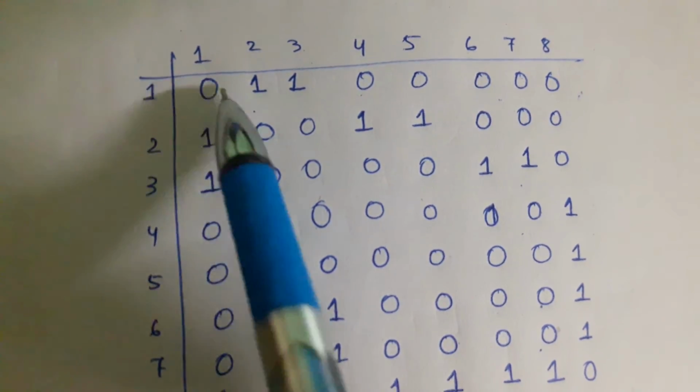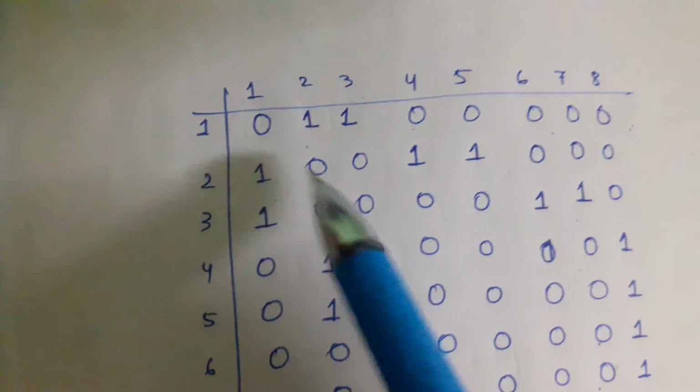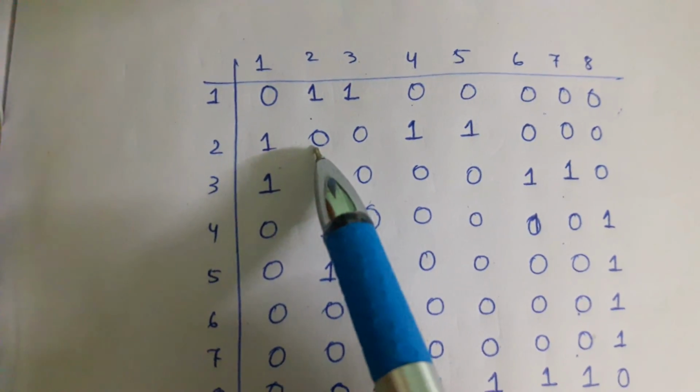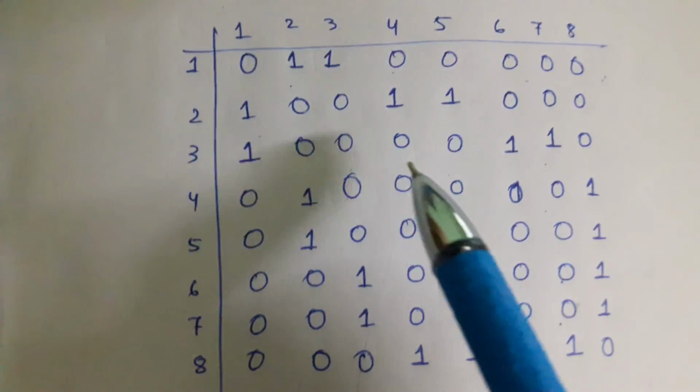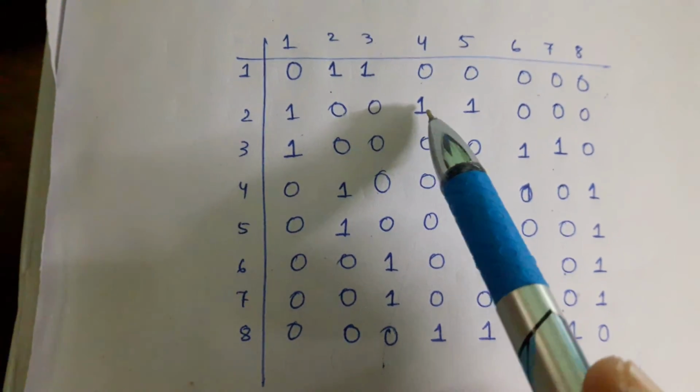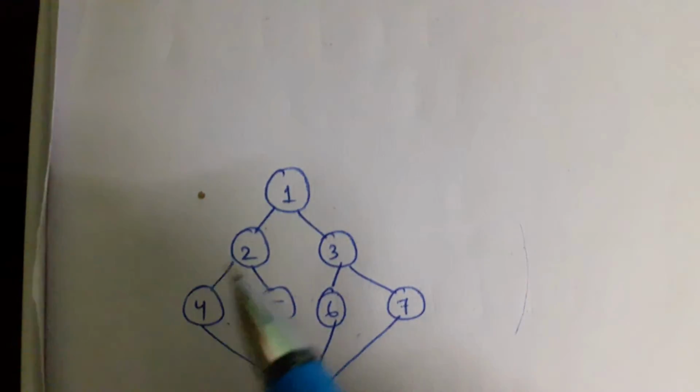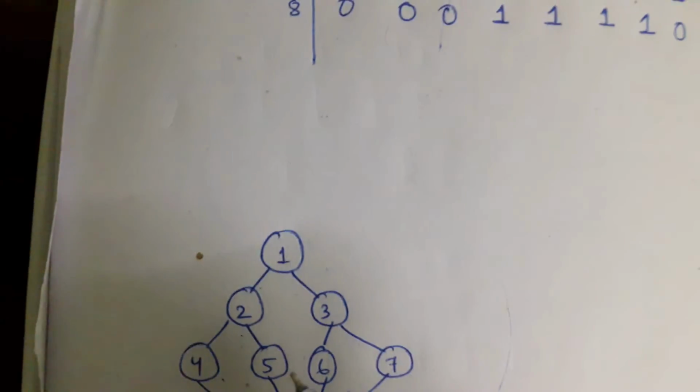Like this, from 2 to 1 there is an edge, so 2 to 1 will be 1. 2 to 2 there is no self loop, so that will be 0. 2 to 3 there is no edge, so that is 0. 2 to 4 there is an edge, that is 1, and 2 to 5 also will be 1.